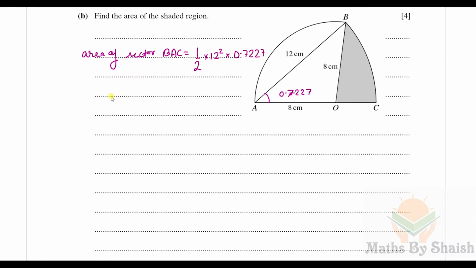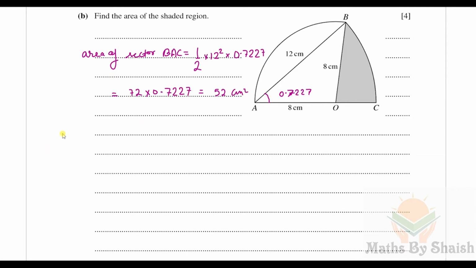So it becomes 12 squared is 144, divided by 2 is 72, into 0.7227. Now we will calculate this value. 72 into 0.7227 is approximately 52.0 and so on, so I'll write 52 only. So this is 52 centimeters squared.